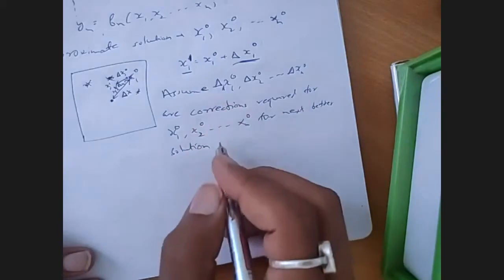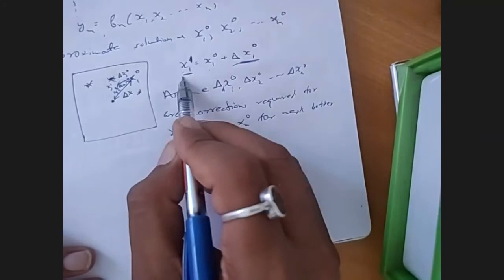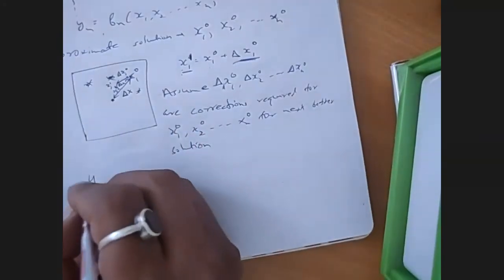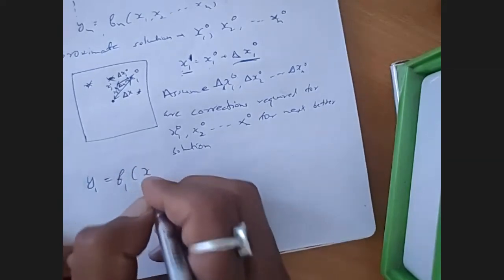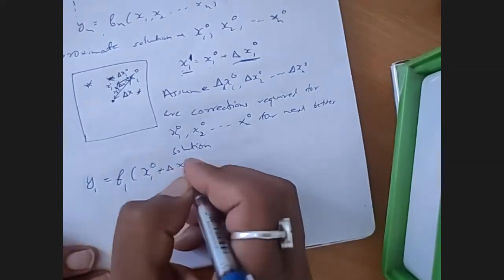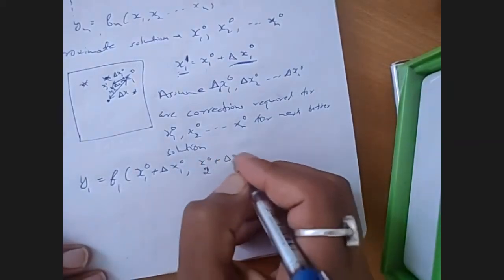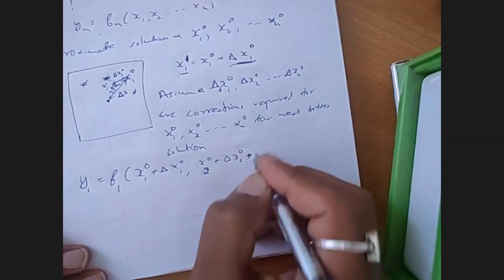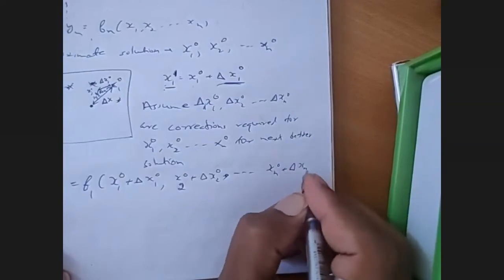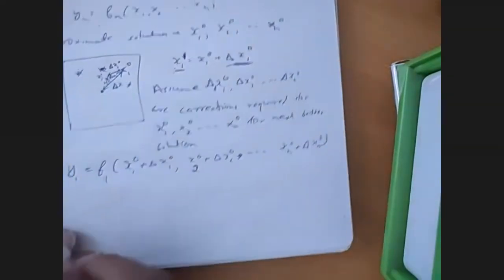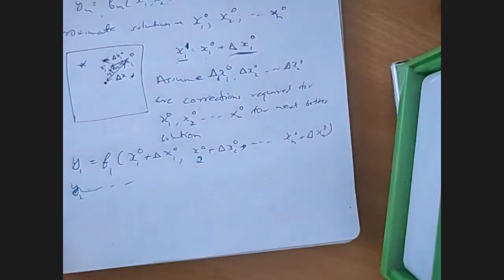So now we have changed x1 0 to x1 1. So your equation will become y1 equal to f1 of x1 0 plus delta x1 0, x2 0 plus delta x2 0, and xn 0 plus delta xn 0. Similarly, y2, y3 and yn.